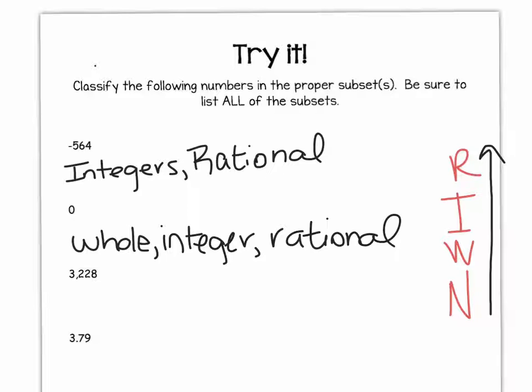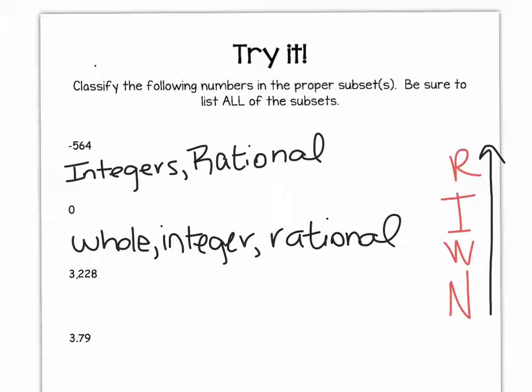Okay, so if I look at these numbers, where is the smallest place it could fit? And if I really was really bored, I could count to 3,228. Am I going to do that? No, because it would take forever.